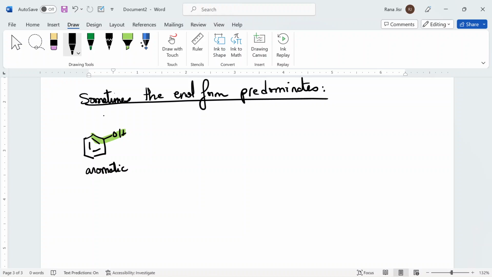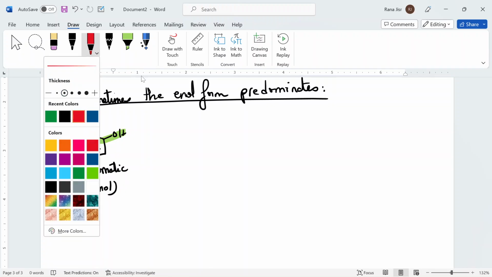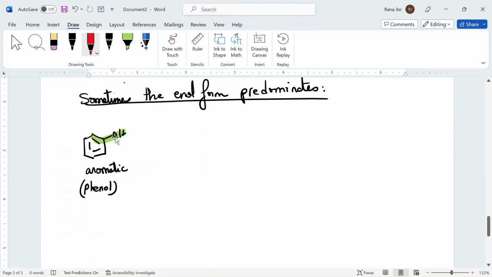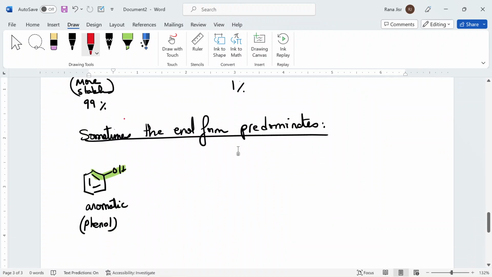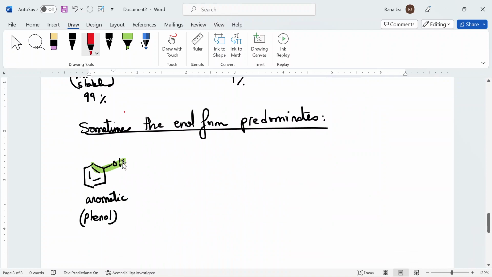Let's say I want to do tautomerization for the phenol. We're going to go backwards because here I am starting with a phenol, not with a carbonyl. This is a reversible reaction, so I can start with the enol and go to the ketone, or start with the ketone and go to the enol.